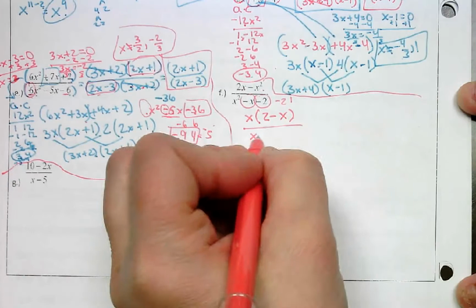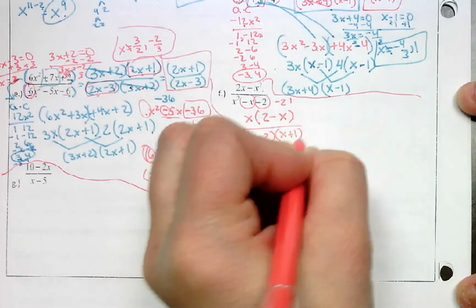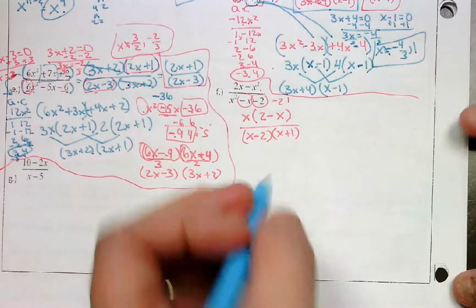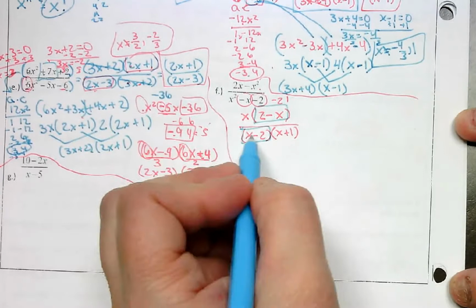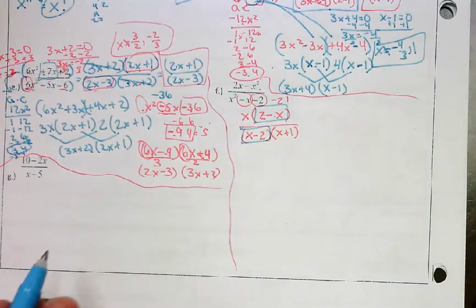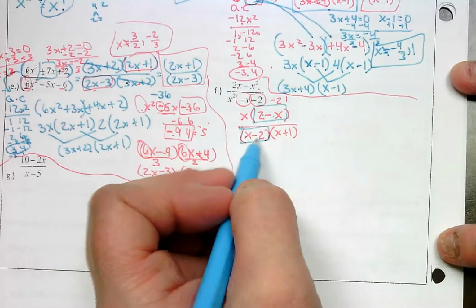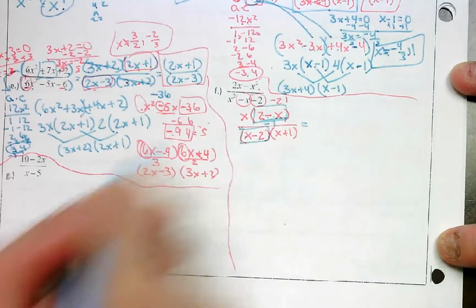And looking at this, it doesn't look like there's anything that can cancel. But notice that they are very similar. Okay, they both have a 2, and they both have an x. So I need to find a way, if I can, to make them look exactly the same. Well, if I factor out negative 1, that negative 1 is going to come out with that x.